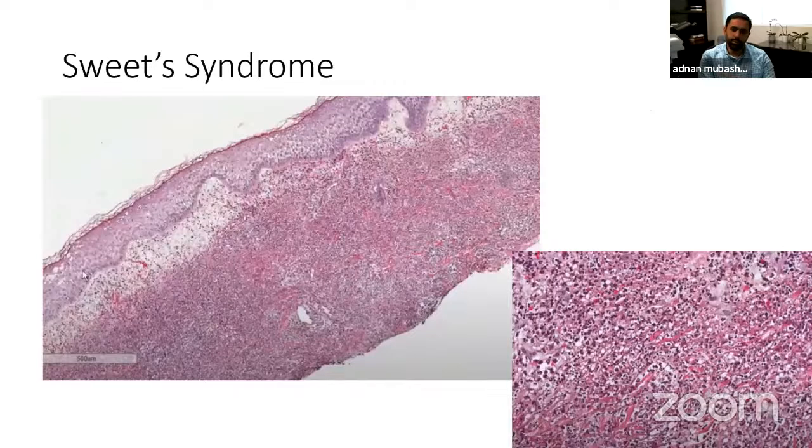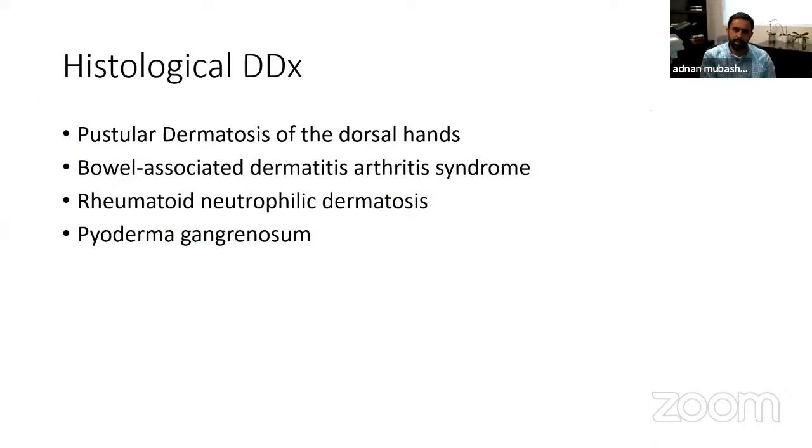This is an example of a more diffuse process. As you see, there's a complete washout of the dermis with the inflammatory cells, and the higher power shows that most of those inflammatory cells are neutrophils, which goes along with Sweet syndrome. And then you compare the clinical, and then that will be the diagnosis.